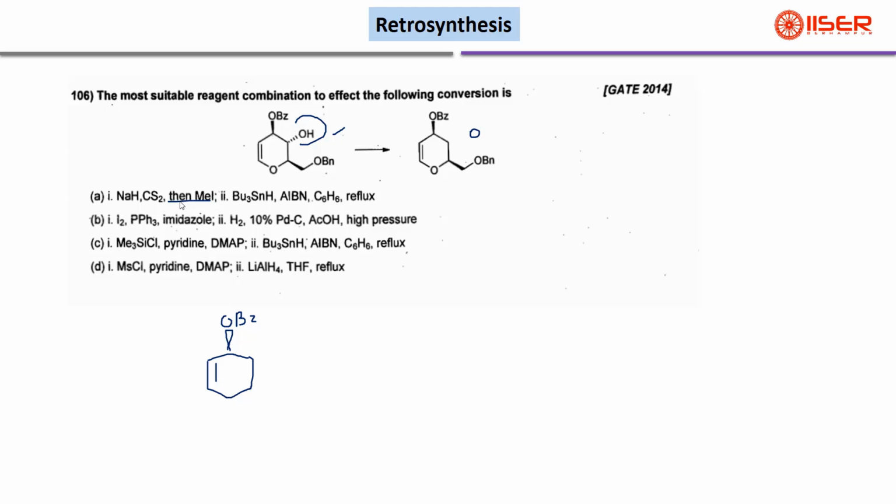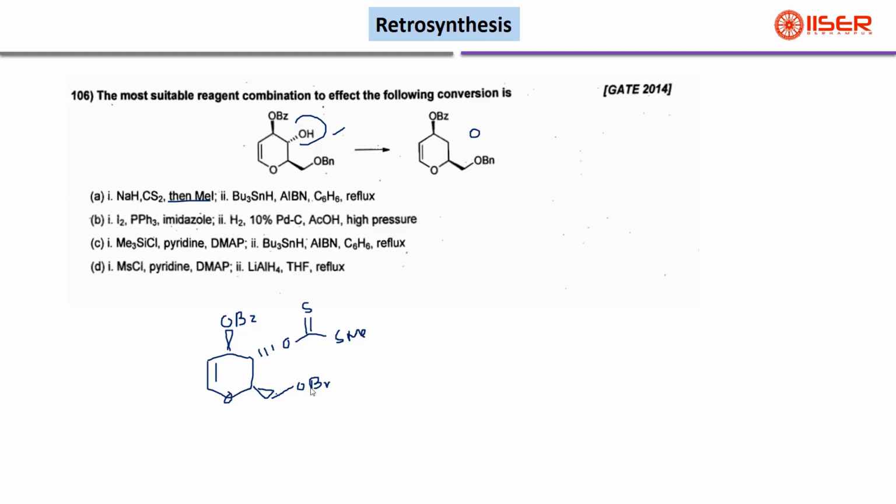So if you add sodium hydride, CS2 and methyl iodide, it undergoes an esterification.